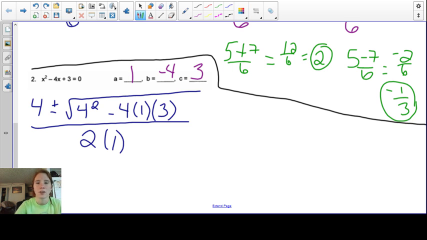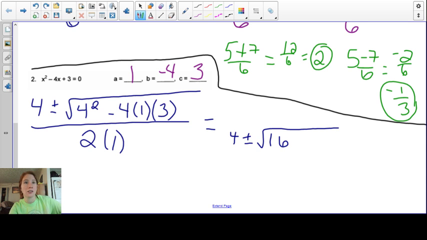I don't want our colors getting confused. Okay. So step number 1, put everything in the formula. Step number 2, start simplifying underneath the square root. So I have 4. Oh, that's not going to be a straight line. So I have 4 plus or minus 4 times 4 is 16.